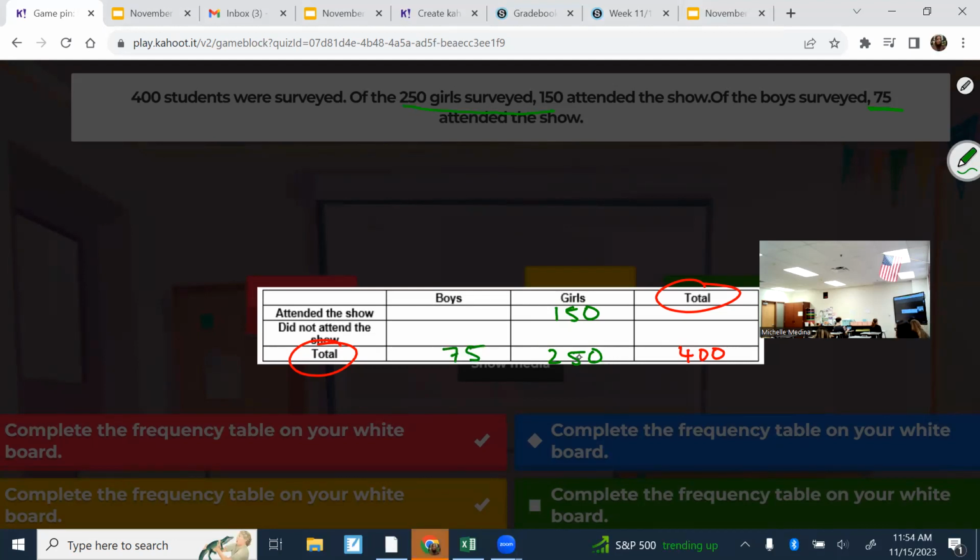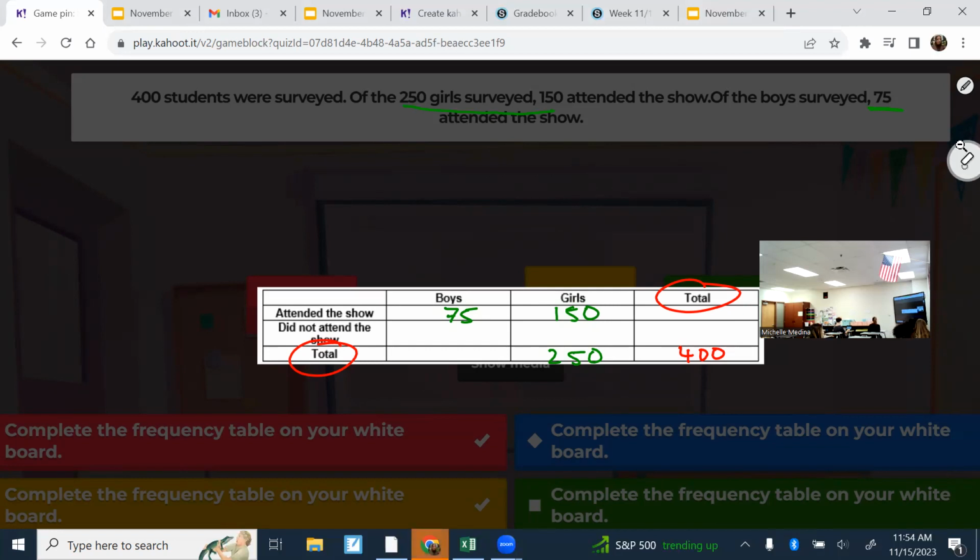Does 75 plus 250 equal 400? So then that must go somewhere else. So of the boys surveyed, 75 attended the show, so under boys right here. Make sense?